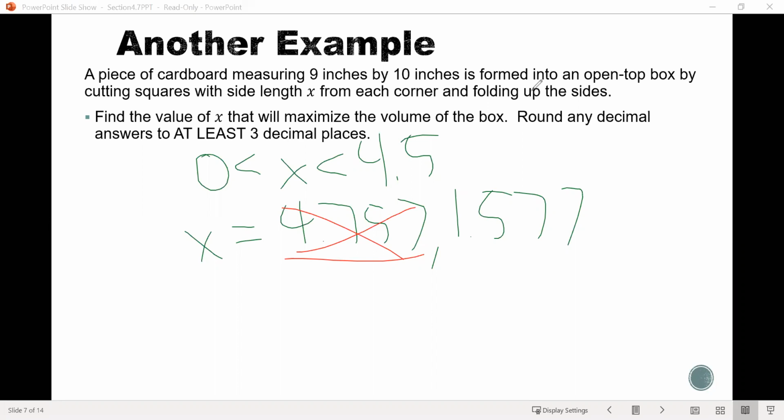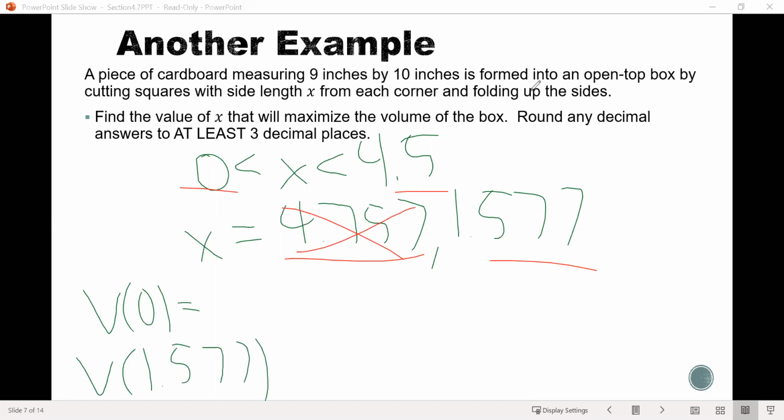So our candidates will be the input points 0, 4.5, and 1.577. Plug each of those into our volume equation.